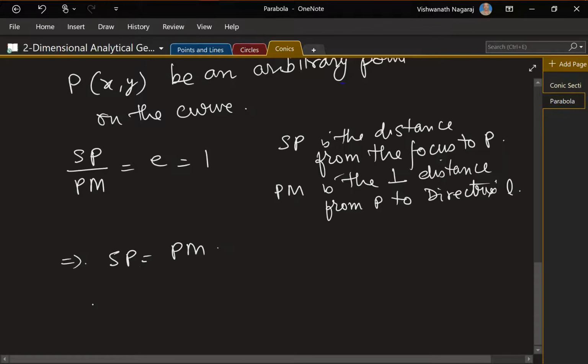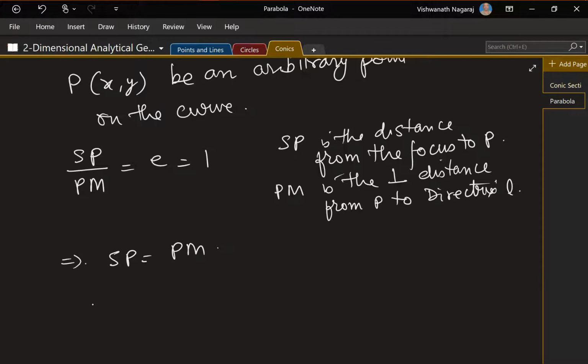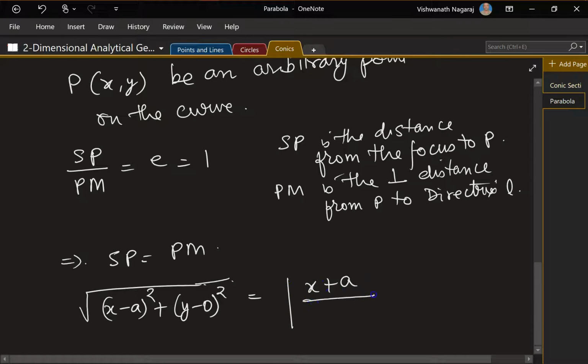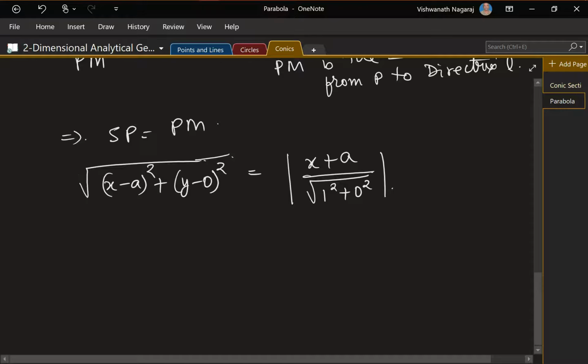Now SP is nothing but the distance between two coordinate points. So the distance would be square root of (X minus A) the whole square plus (Y minus 0) the whole square, is equal to the magnitude of X plus A, the equation of the line, divided by square root of 1 square plus 0 square, which is the formula for the perpendicular distance from a point to a line.